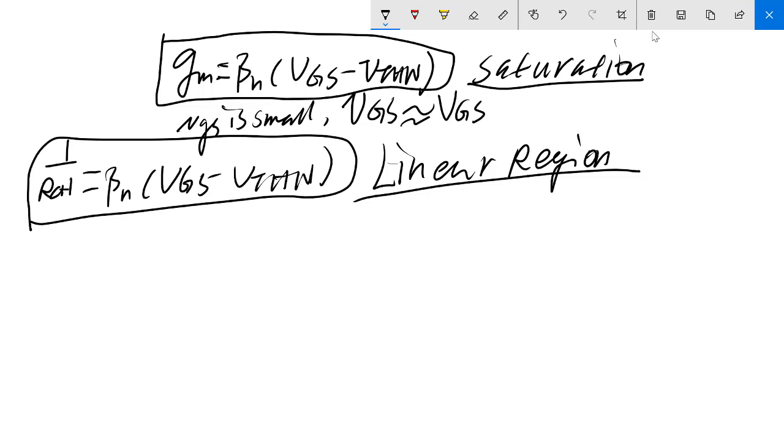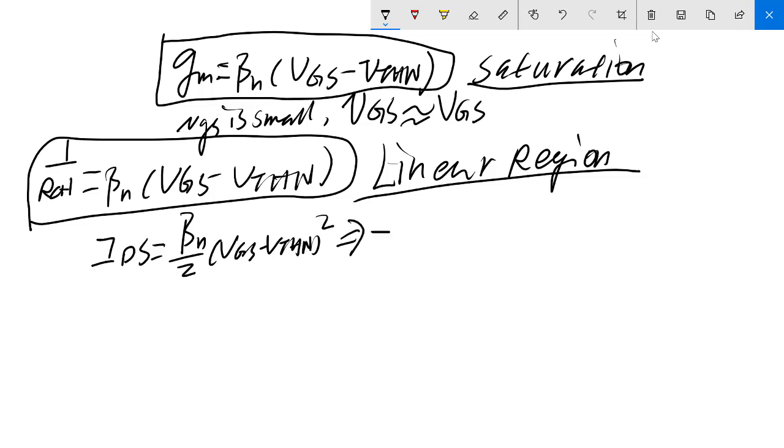Just keep in mind. And based on this, since we know that IDS in the saturation region equals beta n over 2 (VGS minus VTHN) squared, if we move 2 over to the left side, we are getting 2 IDS equals beta n (VGS minus VTHN) squared.